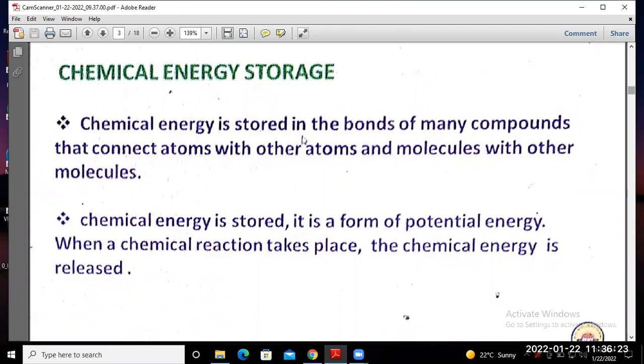The chemical energy is stored as a form of potential energy. When the chemical reaction takes place, the energy is released.